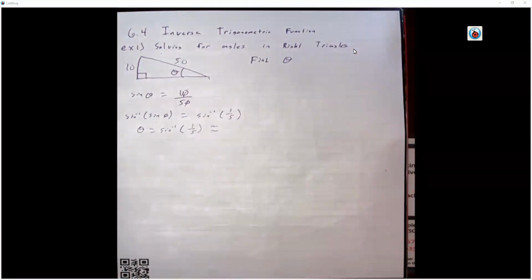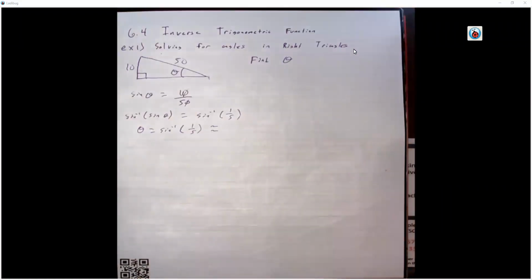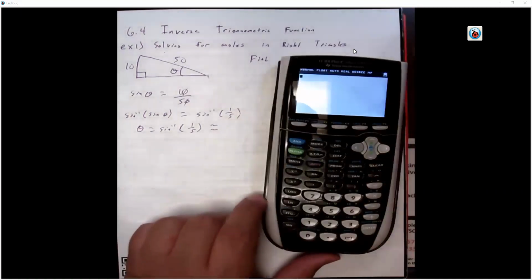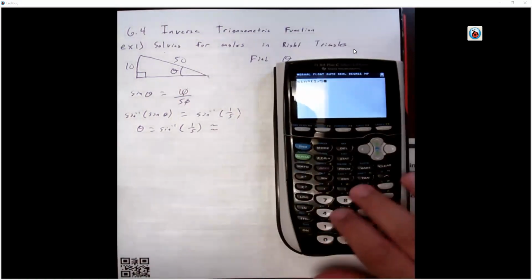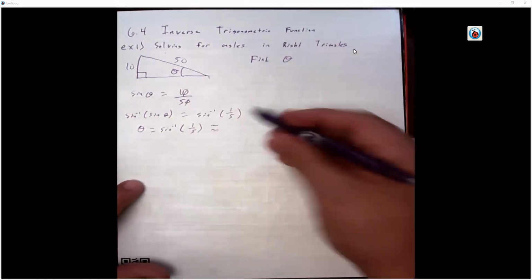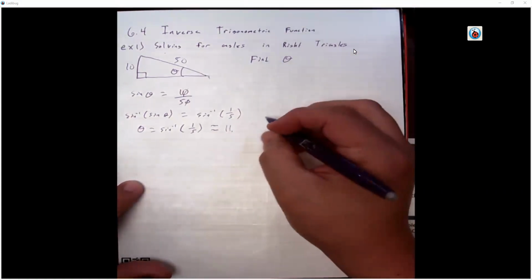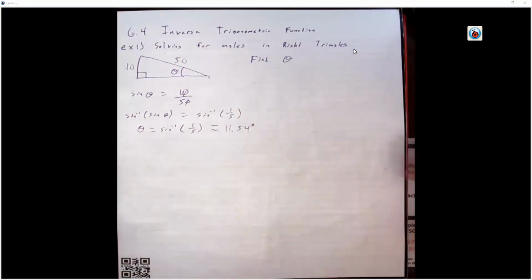So sine inverse of 1/5 is going to be 11 something, 11.54 degrees.